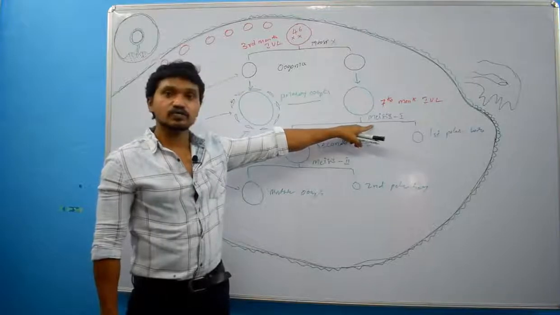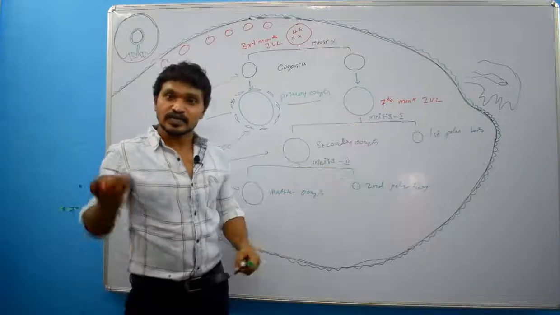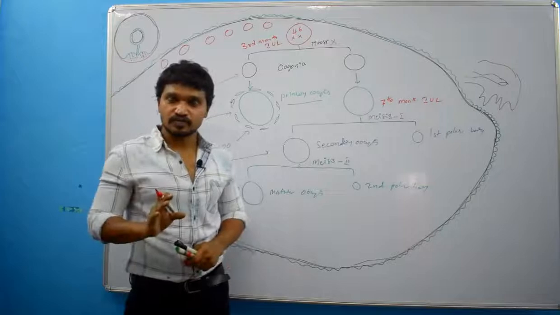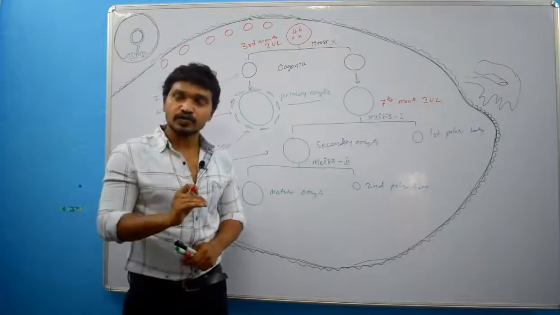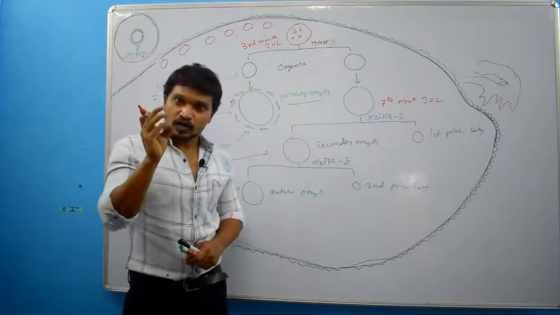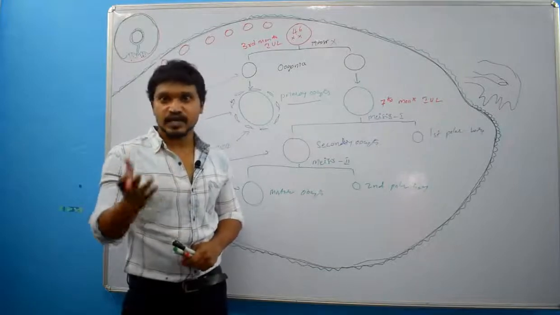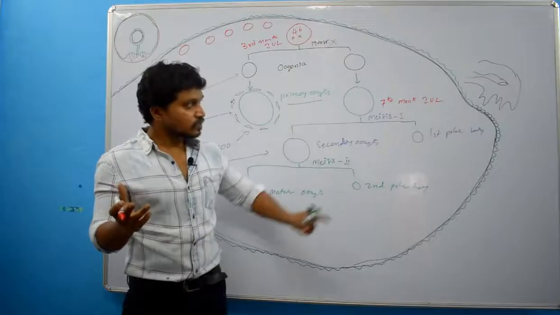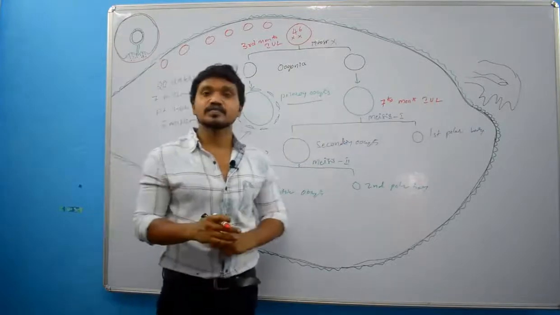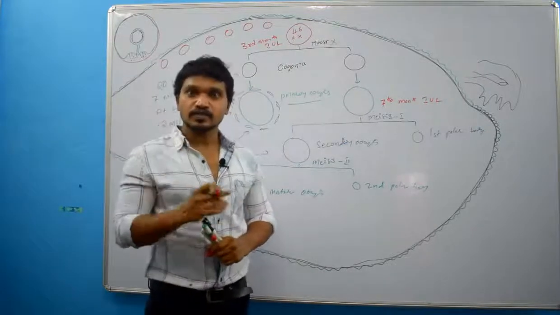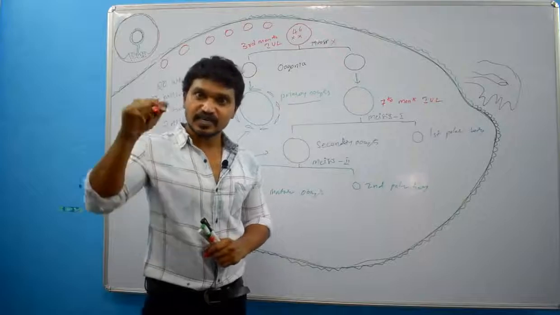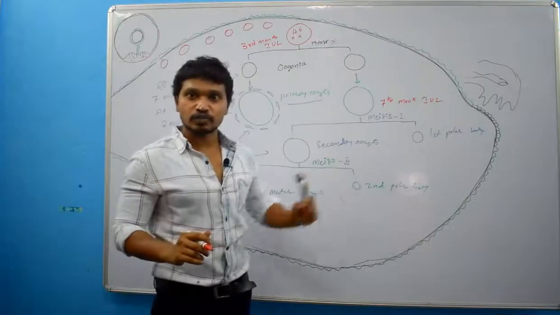After entering meiosis 1, they enter prophase 1. In prophase 1, we know that there will be leptotene, zygotene, pachytene, diplotene, diakinesis. Is it? This cell will complete leptotene, zygotene, pachytene. Then it enters the diplotene stage.